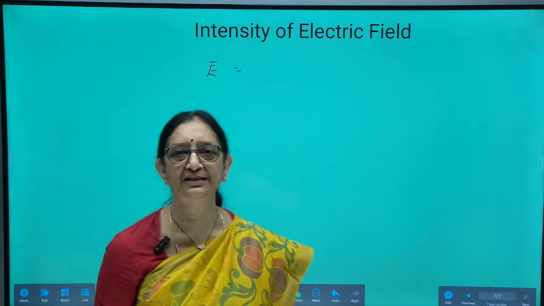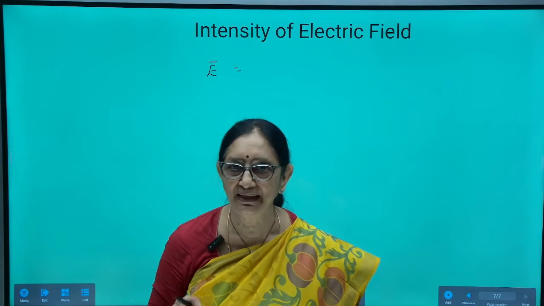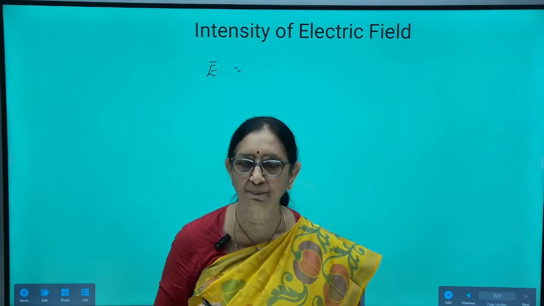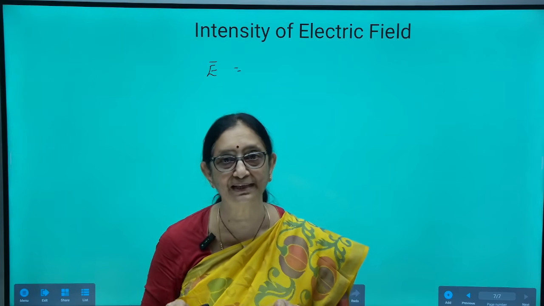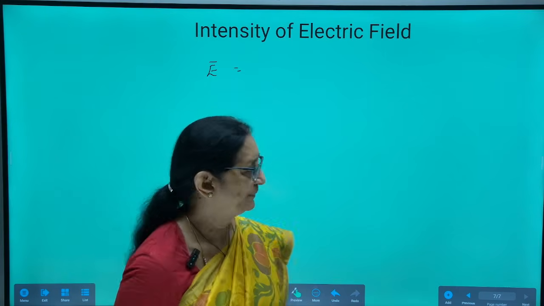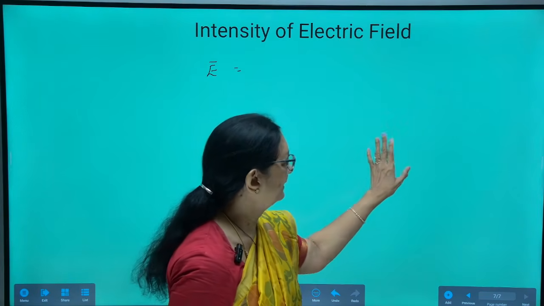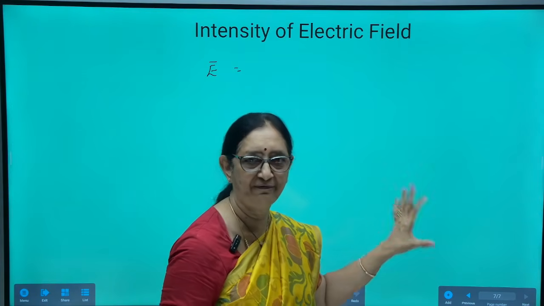Electric field intensity at any point is defined as the force experienced by a unit positive charge placed at that point in the electric field. Suppose this entire board is considered to be a region where there exists an electric field.